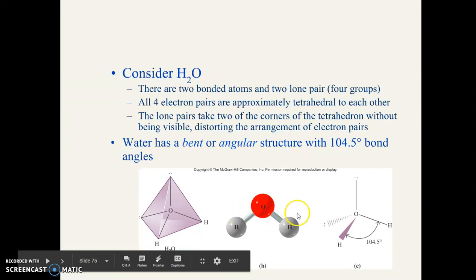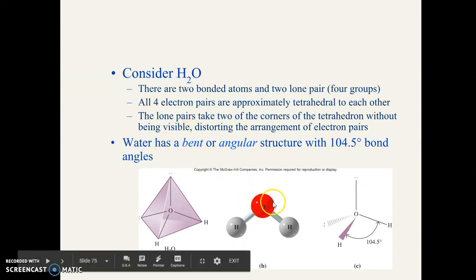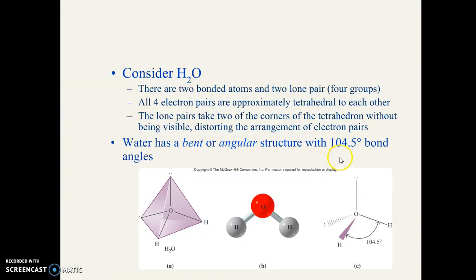It changes the orientation, it distorts the arrangement a little bit, and so it makes it bent or angular. We commonly will just say that it is bent. So instead of a linear structure, it's going to be bent, and it's bent because of those 2 lone pairs. Its bond angle is going to be 104.5 degrees.